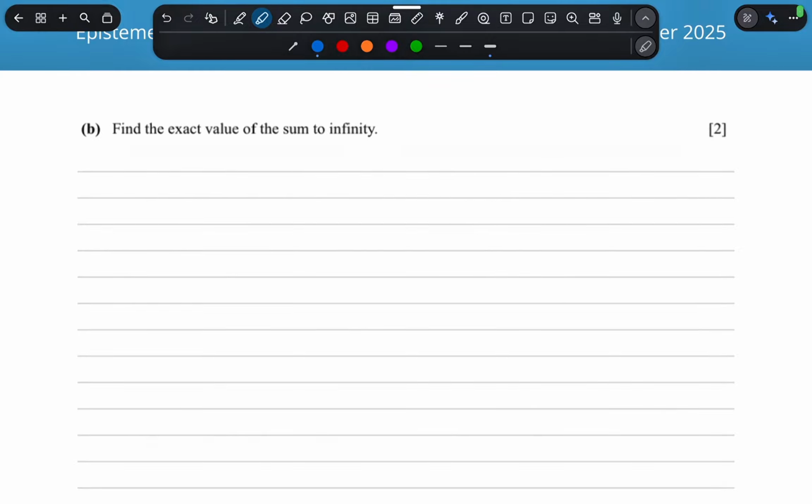For the second part of the question, we need to find the sum to infinity. The formula for the sum to infinity is a upon 1 minus r.